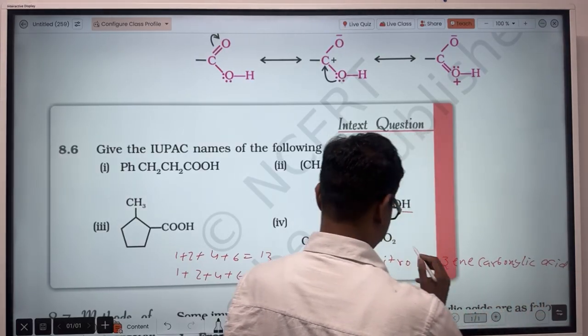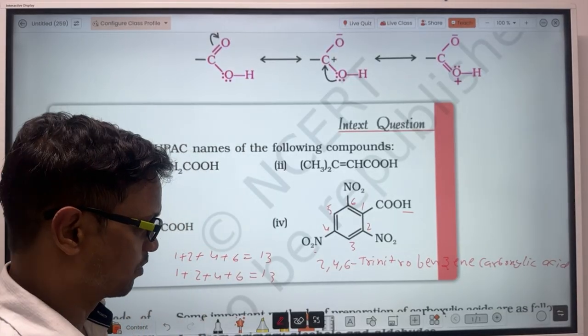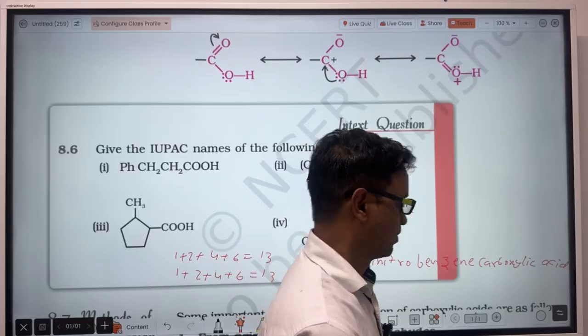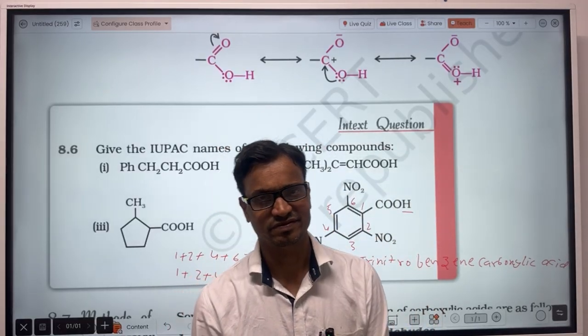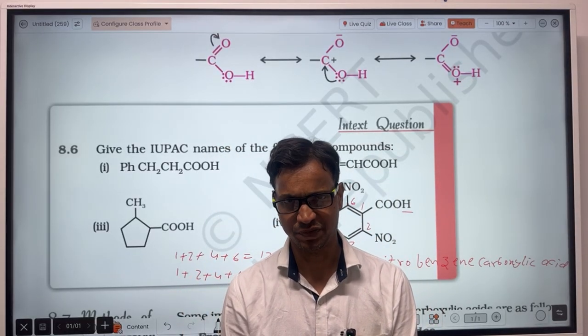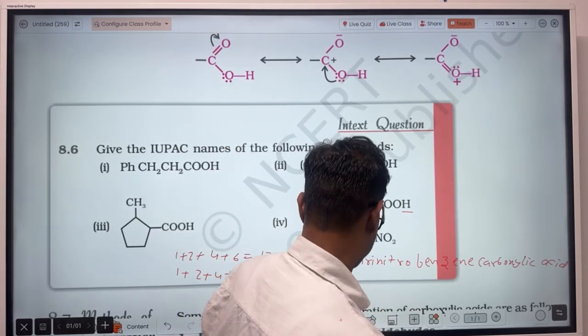Since the name benzoic acid has also been adopted by the IUPAC system, we can also write that.